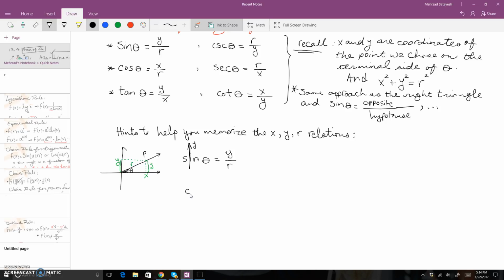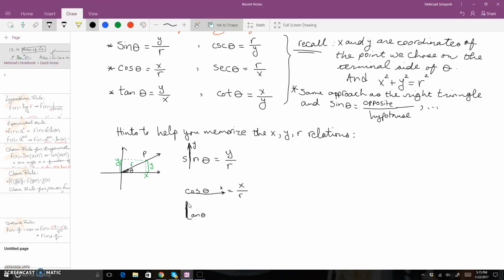Then if we are looking for cosine of theta, here is the letter C. If I extend it, it looks like the x-axis. So cosine is related to the x coordinate that we're working with. Tangent of theta, well, here is t. You see that I went for t.